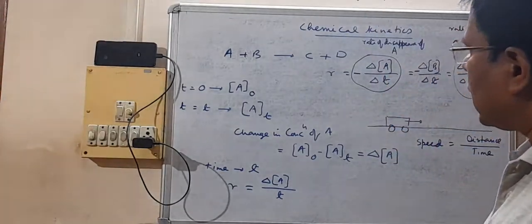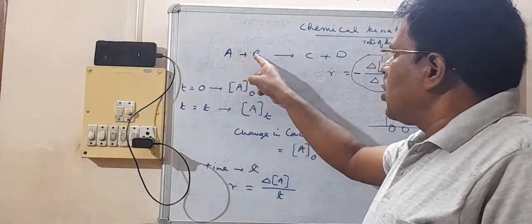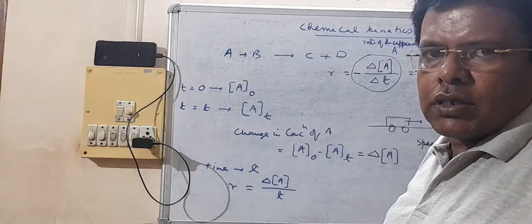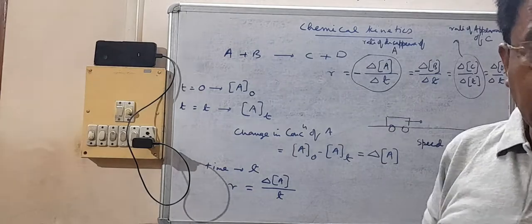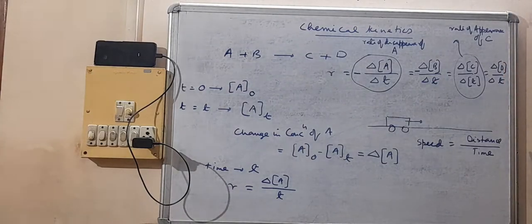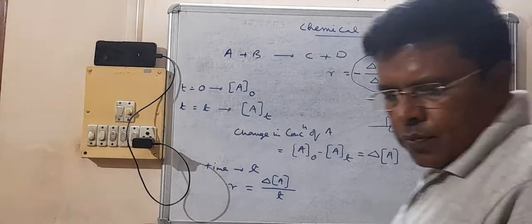But suppose the coefficients of the reactants and products are not the same. Here it is the same, 1, 1, 1, 1. If the coefficients are not the same, then something has to be done.